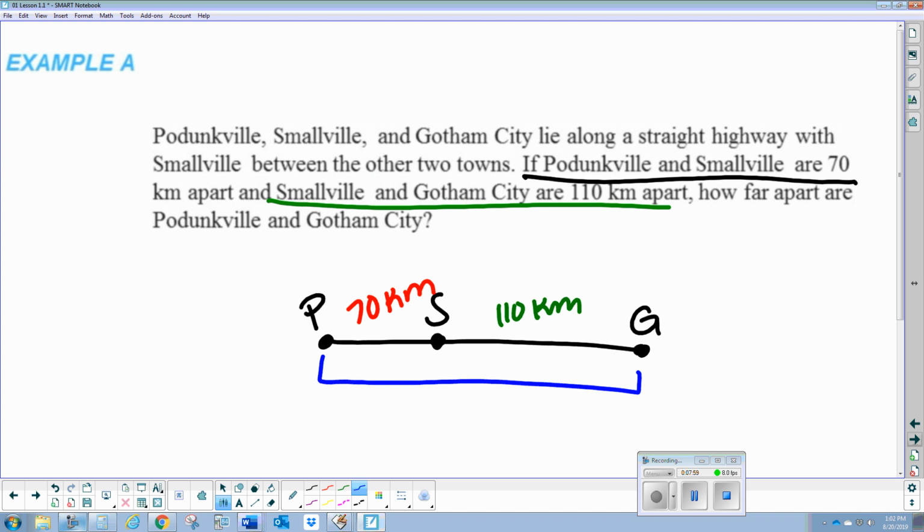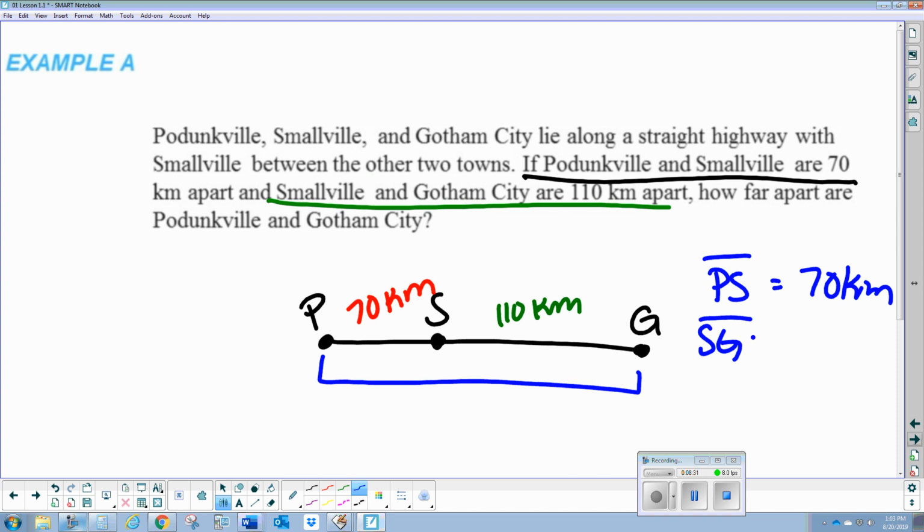We're going to use segment addition here. So if P, S, and G are all collinear, which they are because they're on a straight highway, then the distance between PS plus the distance between SG is equal to the distance between P and G. So PS is equal to 70 kilometers.